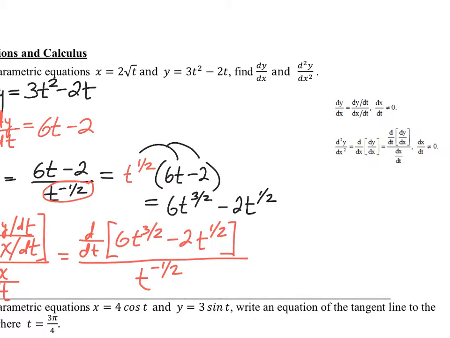All right, so whereas before with the first derivative, it was in my best interest to simplify, once I get the derivative of the top, I don't need to simplify, because there's no value in doing that. So power rule. What's 6t to the 3/2 going to become?